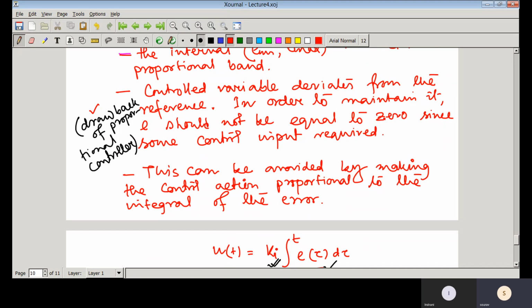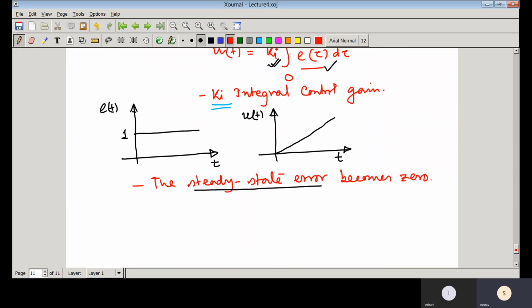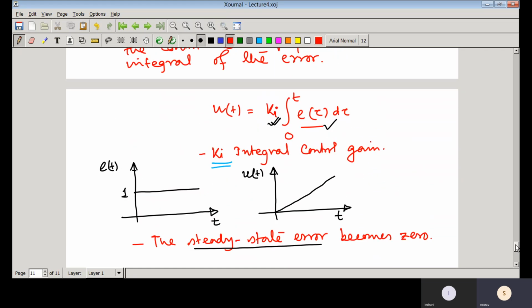The reason is whenever e equal to 0, that means output tracks that reference command, then there is no control input. So proportional controller cannot help in this regard, but in case of integral control, it actually helps you to achieve tracking performance. You may ask how. The reason is whenever this error signal becomes 0, as you know, the integration of that 0, it will be giving some biased terms, some biased values.